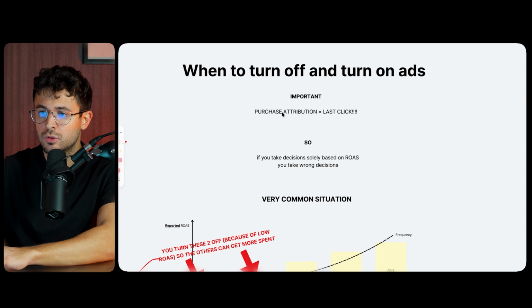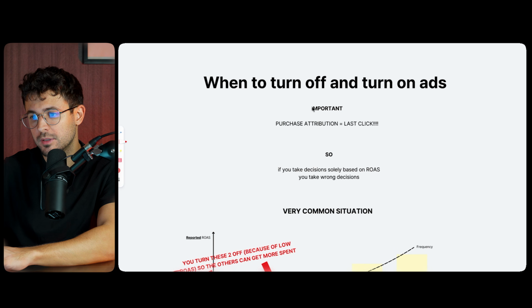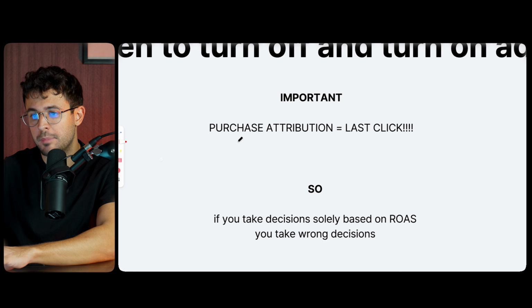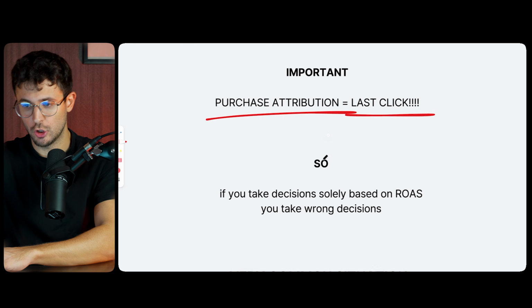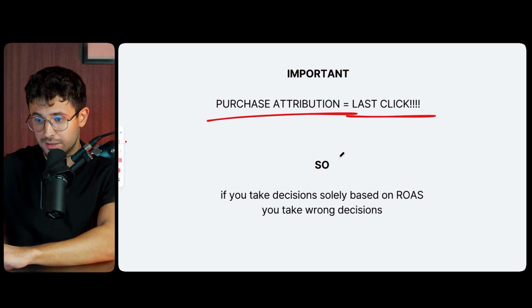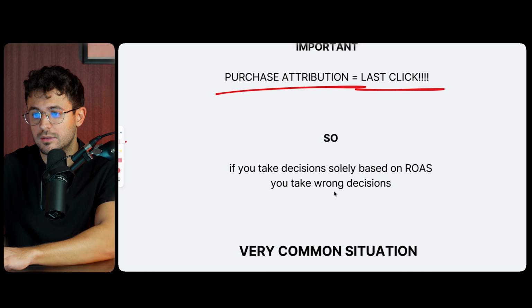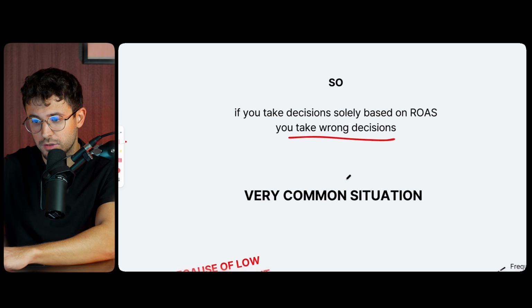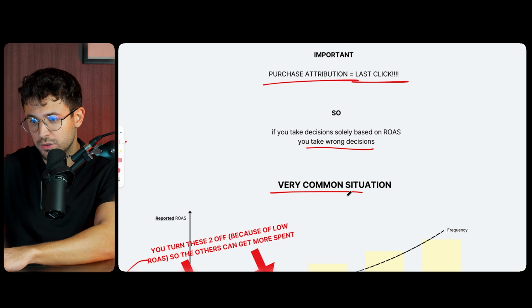So when it comes to turning ads off, what is important to understand is that the purchase again goes on the last click. So if you take decisions solely based on ROAS, you will take very wrong decisions. And that's a very common situation that you see.